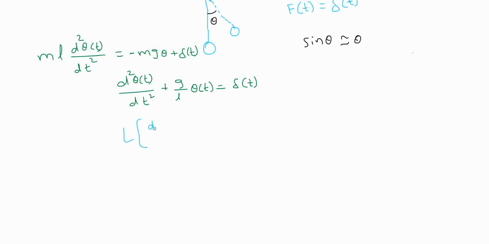The Laplace transform of this will be s square y of s minus s y of 0, these being the initial conditions. The Laplace transform is a conversion from the time domain to the frequency domain, and then we can do the inverse.